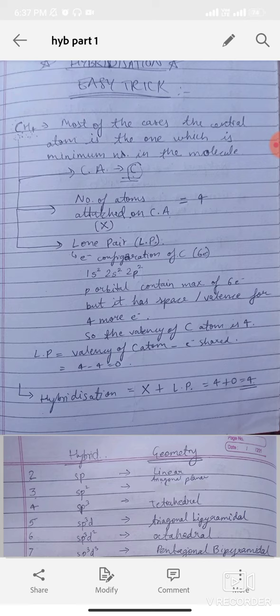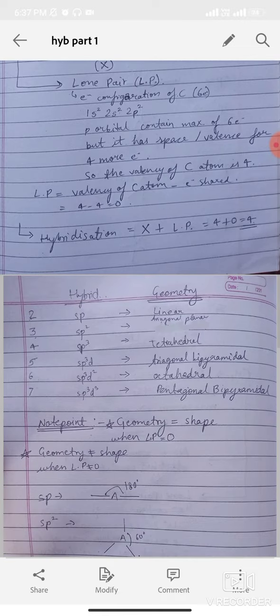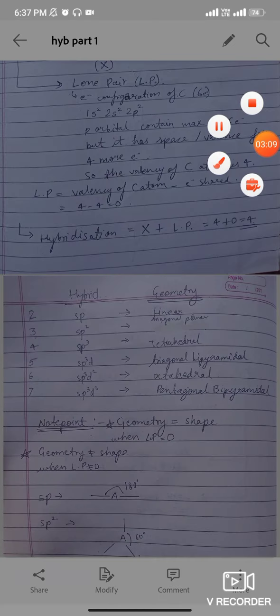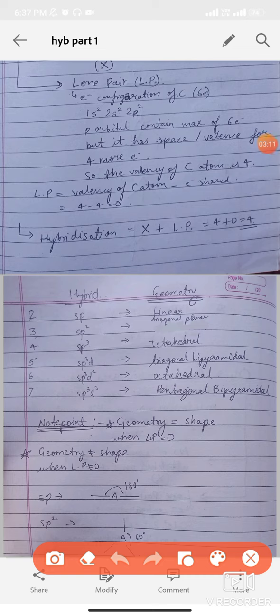How easily we get the lone pair! So after we get the number of atoms attached to the central atom and the lone pair, we simply add both of them and from there we get a number, as in this case we get the number 4.